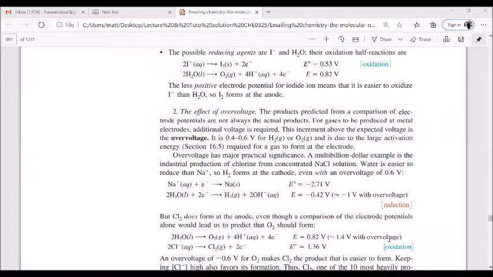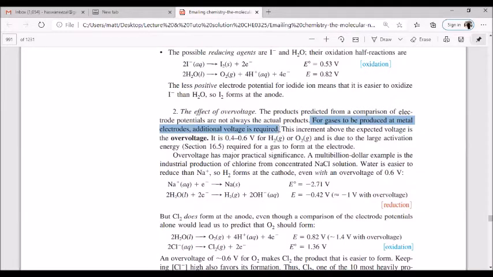Okay, but guys, I want to tell you that predicting products from a comparison of electrode potentials is not always the actual product. That is a phenomenon we call the effect of overvoltage. This happens when a gas is to be produced. For a gas to be produced at a metal electrode, additional voltage is required.